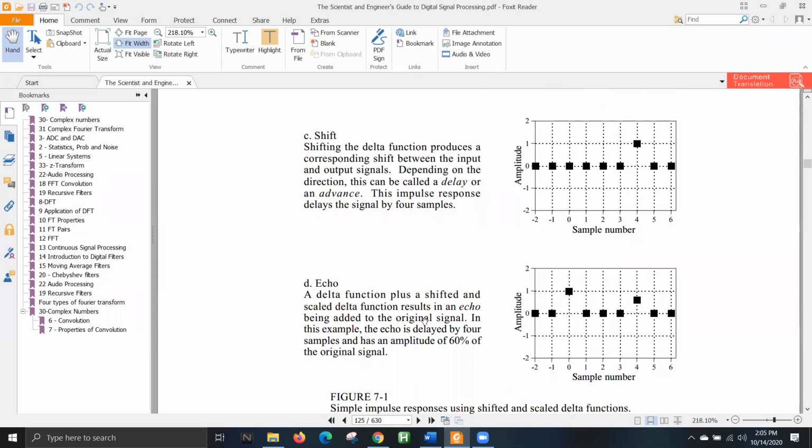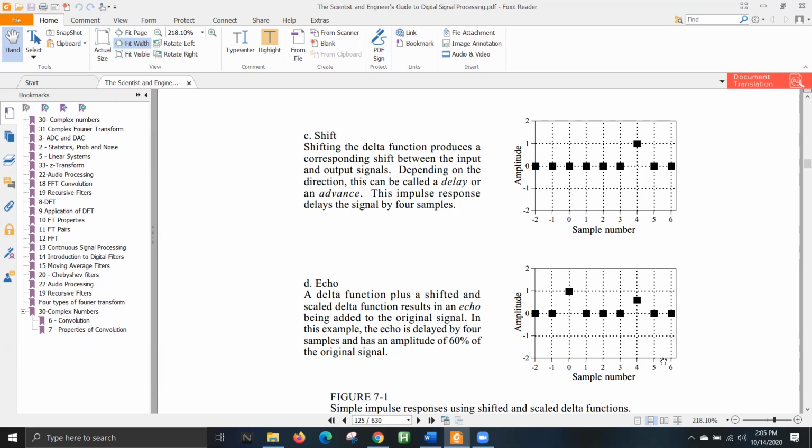And echo is a combination of two things. First, you have the delta function, plus you have a shifted and scaled down version of the delta function. So this is what an echo system allows you to do. It provides you the original x[n] plus a shifted and slightly toned down version of the original signal.